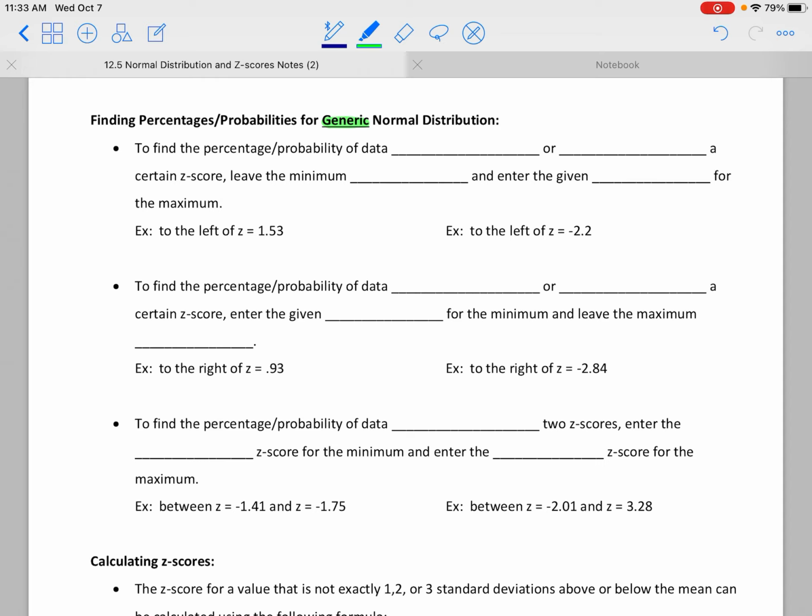Okay, so just generically, if we want to find the percentage or probability of data that is less than or left of, those mean the same thing, less than or left of a certain z-score, what we're going to do is leave the minimum blank, and it will actually populate a negative infinity in there, but you'll just leave it blank and it will take care of that for you. And then we're going to enter the given z-score for the maximum.